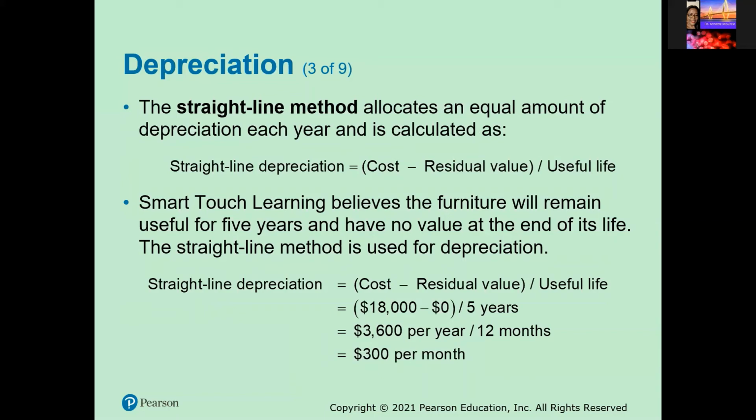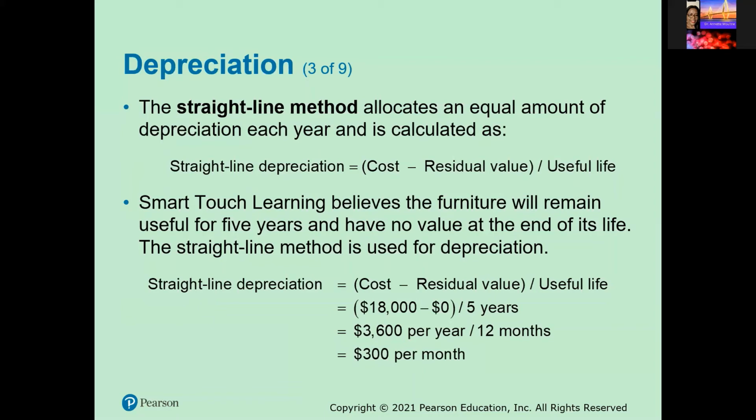The straight line method allocates an equal amount of depreciation each year and is calculated as cost minus residual value over useful life.